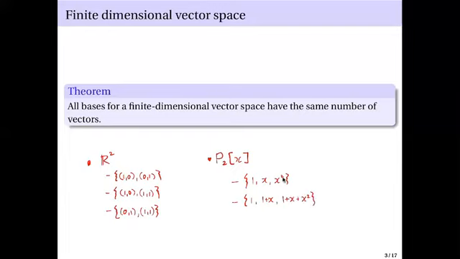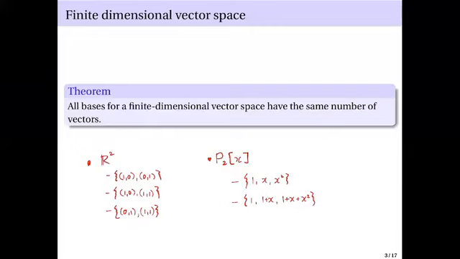Again, this is a basis for P2. You can check that this forms a basis, and it also has three elements. So a basis for P2 always has three elements, and so on and so forth.